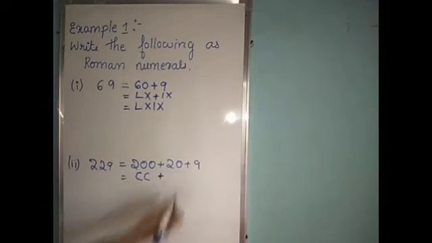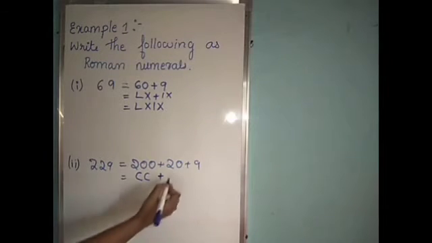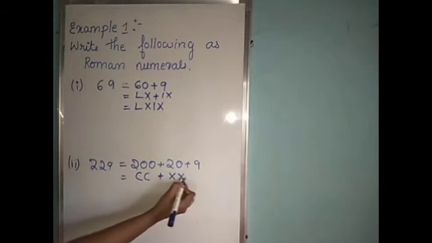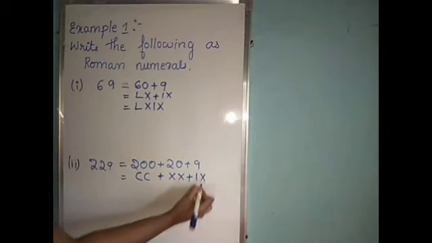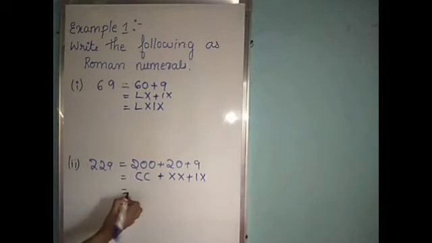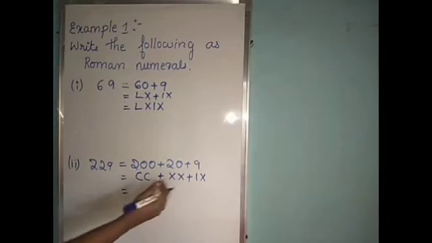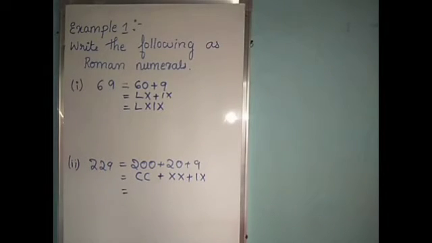Next 20. How we can write 20 in Roman numerals? We can write XX plus 9. How we can write 9 in Roman numerals? We can write IX. What is the third step? In the third step, we have to remove plus sign and we have to write the number by combining all the parts.